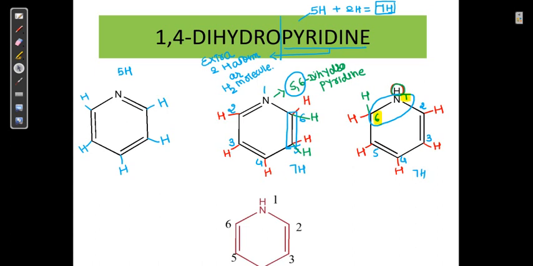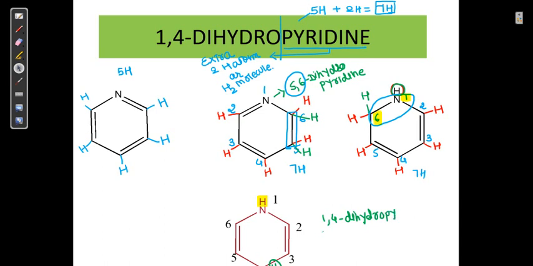If we see here, one extra hydrogen is this one, and we come to the conclusion that the extra hydrogen is at the 4th position. So this is our molecule of interest, the 1,4-dihydropyridine derivative.